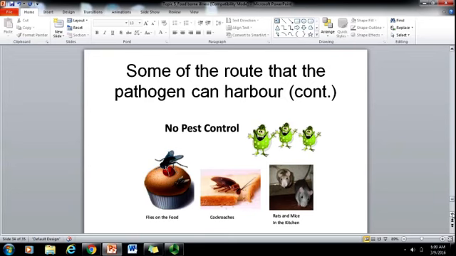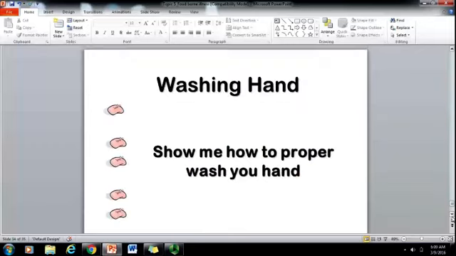And the last is controlling pests, because in some cases foodborne illness is due to pests. Some pathogens can harbor on pests, such as rodents or flies. Right, so that's it.